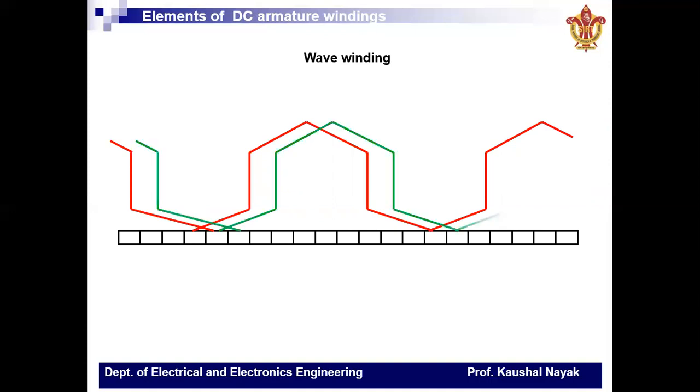In wave winding also, each commutator segment has two coil ends connected to it, one from the top coil side and the other from the bottom coil side.